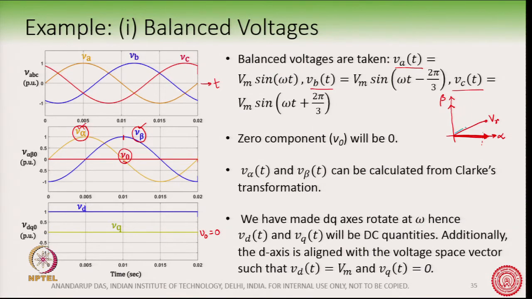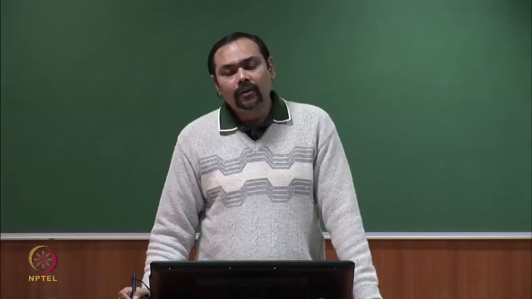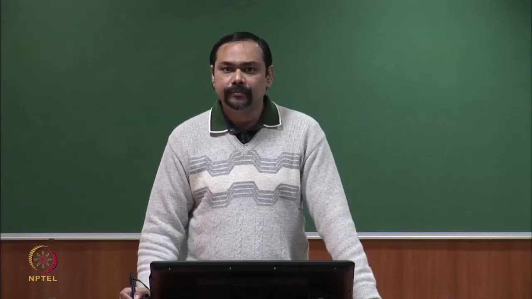I will put the d axis here and I will put the q axis here, and they are also rotating at the same speed omega at which the VR vector is rotating. This is the VR vector. The VR vector is rotating at omega, and the d and q axes, the rotating reference axes, are also rotating at the same omega.